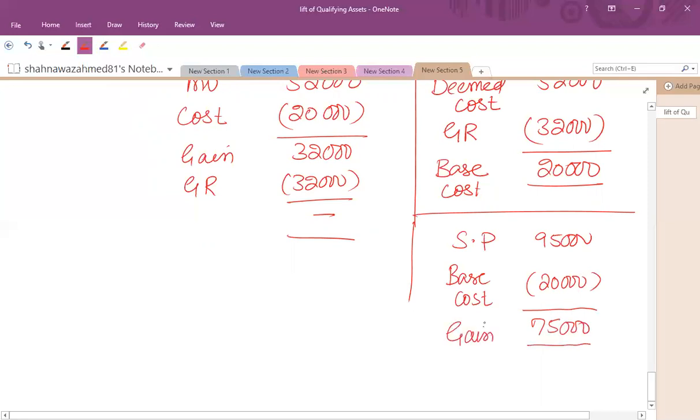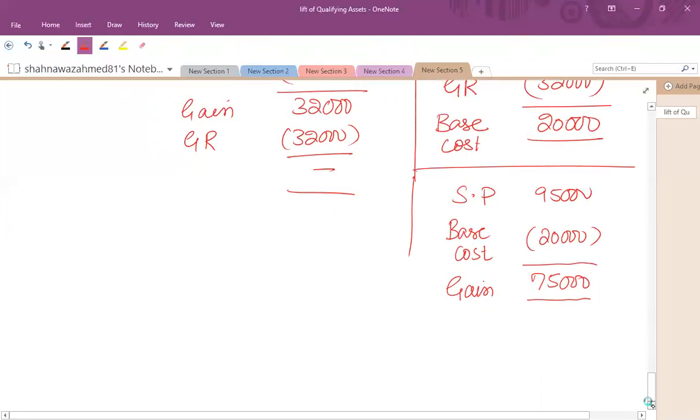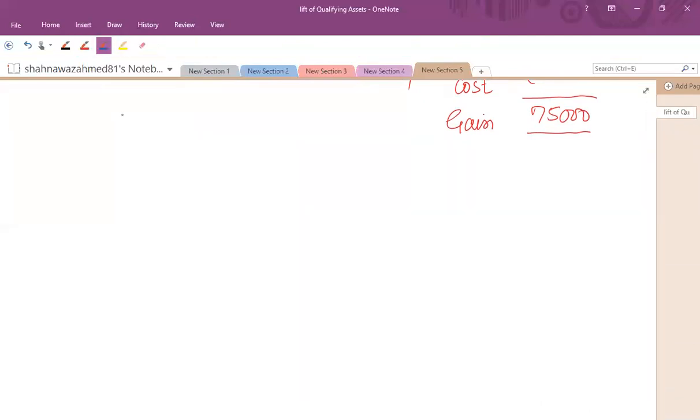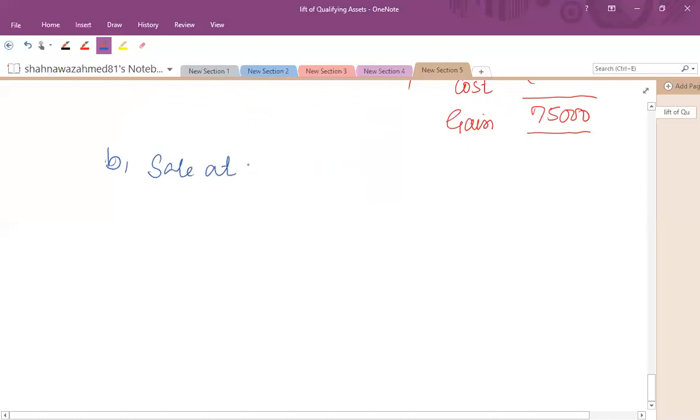So this is the situation A where it's outright gift. Now next situation where his son is paying this. So now how much chargeable gain is there? So sale at undervalue. Situation B, and that is sale at undervalue.